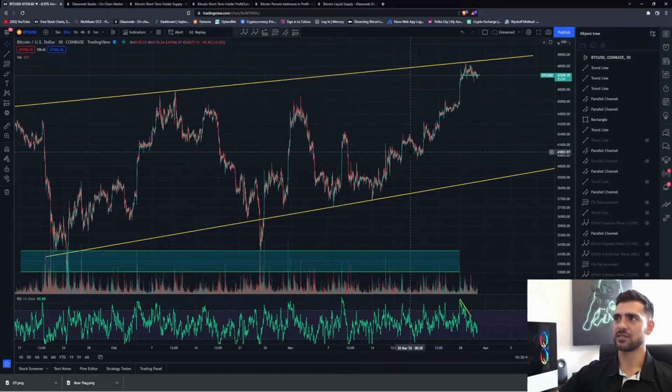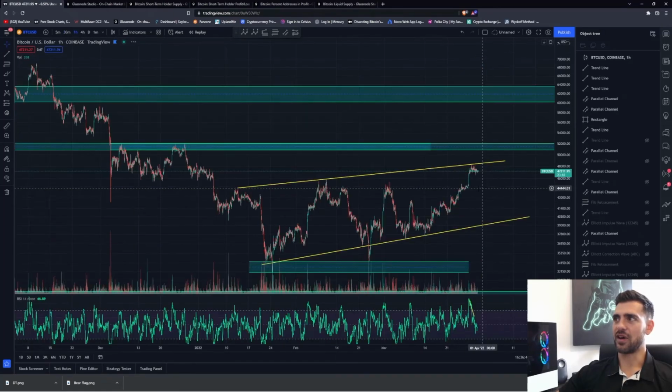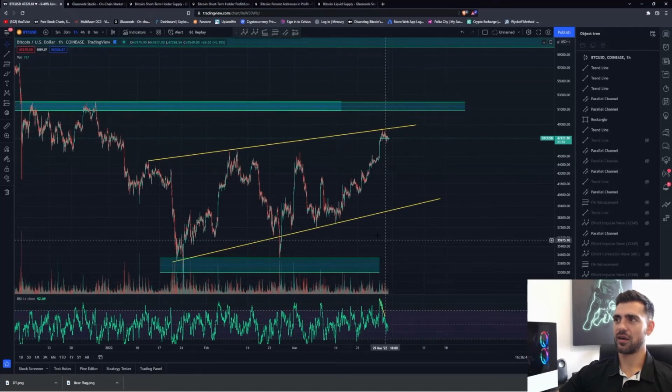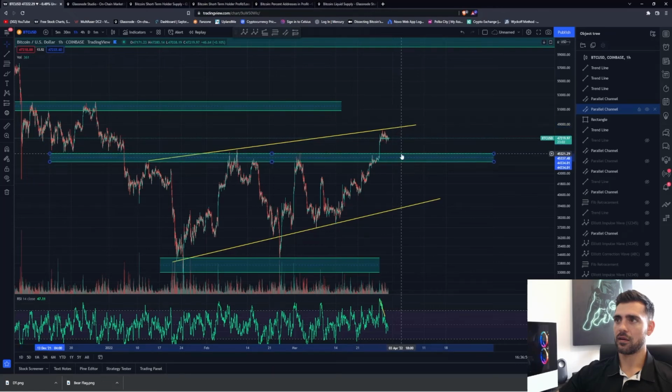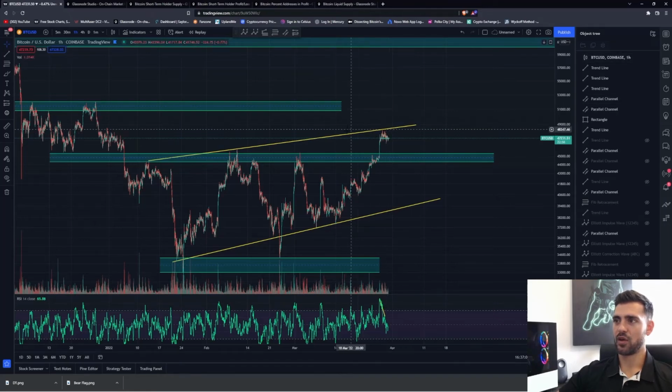Series of higher highs, higher lows, even that squeeze below here. And then we get this top above our general trend line. Squeeze above at resistance, distribution top.